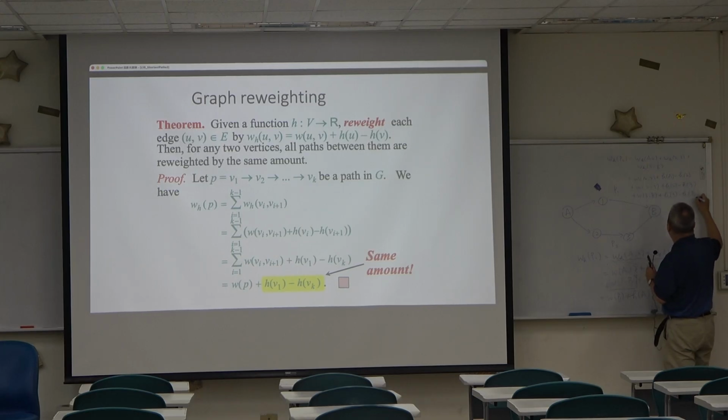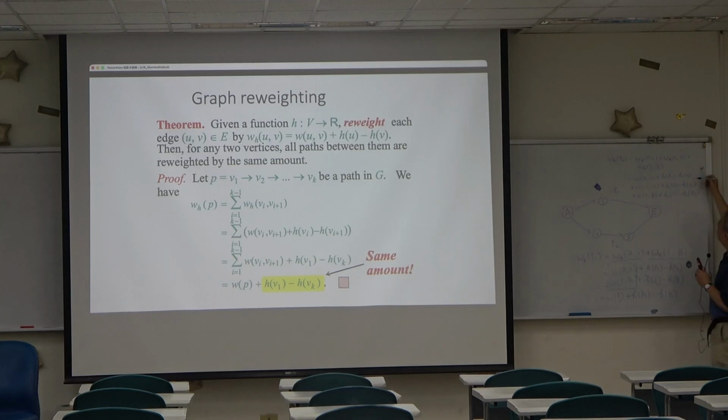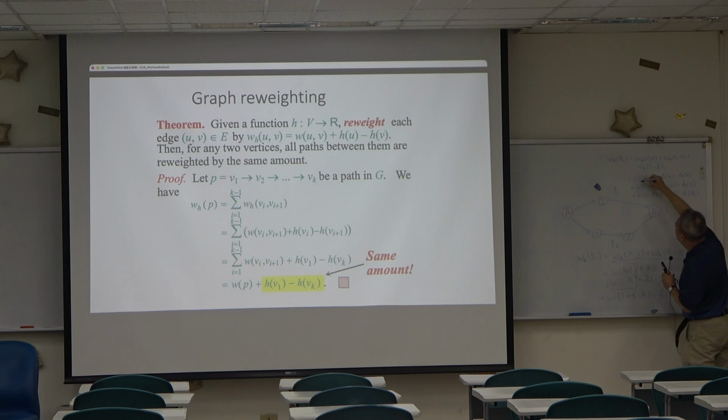If you add these up, these two cancel out each other, these two cancel out each other, and the weights add up to w(P2), be careful, this is w(P2), not w_h(P2), plus h(A) minus h(B).